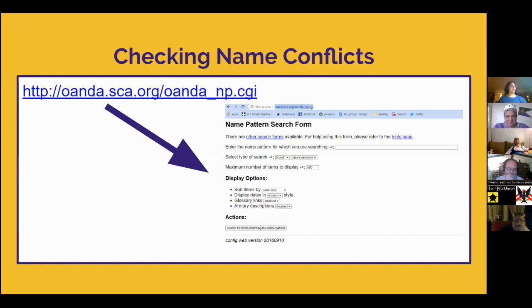This is how, when I'm looking at the name pattern search form, I have my display options, and it does pretty good for me. And if you're a newer commenter, you don't necessarily want to do something unless you have experience with working with databases and different stuff.